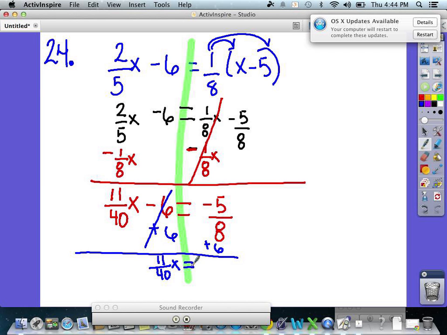And negative 5/8 plus 6 will give us 43 over 8. All I did was put in my calculator negative 5/8 plus 6.